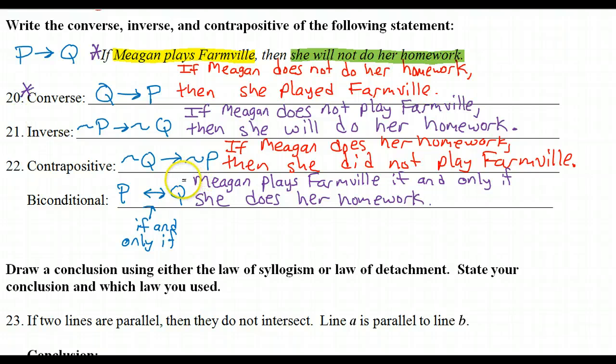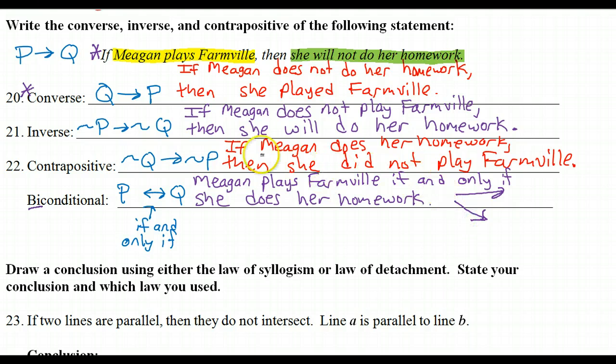So in other words, biconditional, notice it has the word bi in it, the prefix bi meaning two. This biconditional statement takes the place of both the original statement and its converse. Okay? So you could basically take a biconditional and break it up into two separate sentences.